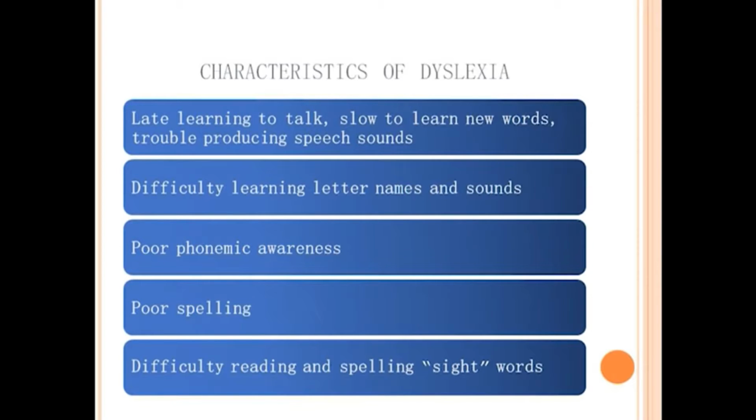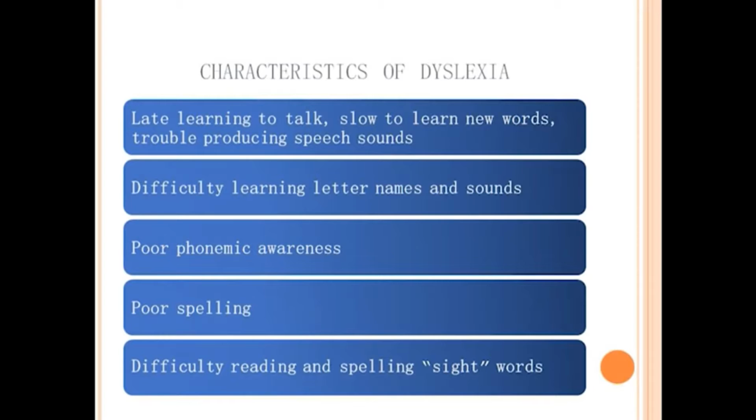Of course, the quintessential problem for children with dyslexia is that they have difficulty learning and mastering the association between letters and their sounds. They need far more practice than their non-dyslexic peers to achieve mastery of the association between a letter and its sound or sounds, particularly when it comes to vowels.